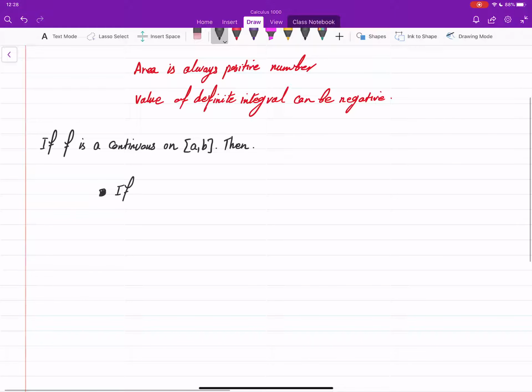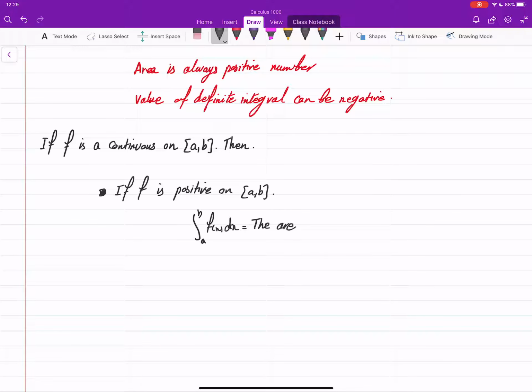If f is positive on the interval AB, in that case, the definite integral is going to be equal to the area of the region under the graph of f on the interval AB.